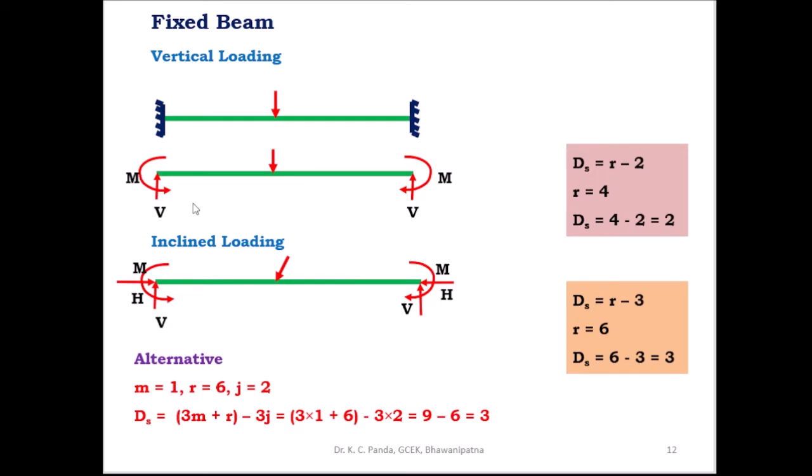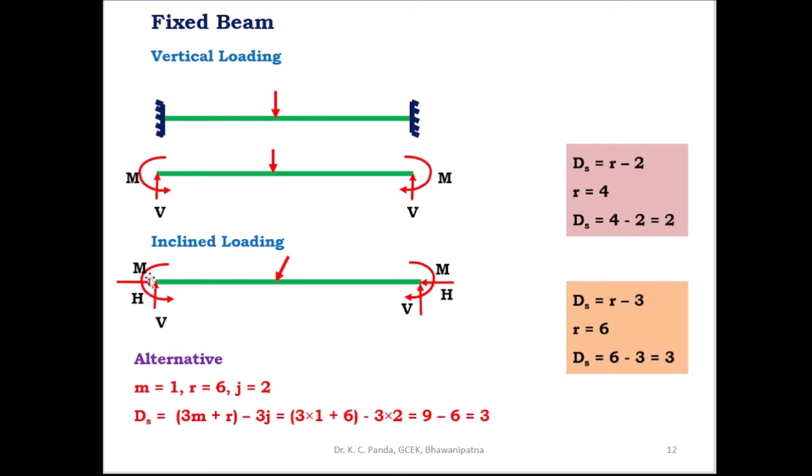In this case, the degree of static indeterminacy can be found using ds = r - 2, and the total number of reaction components is 2 plus 2, 4, so the degree of static indeterminacy is 4 - 2 = 2 when the load is acting in the vertical direction.